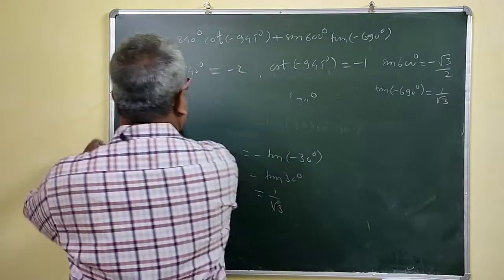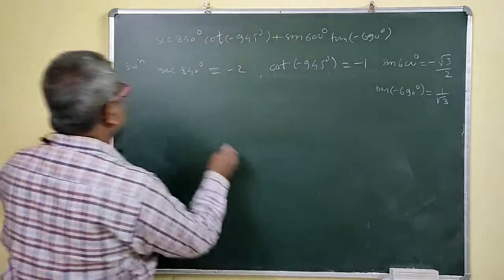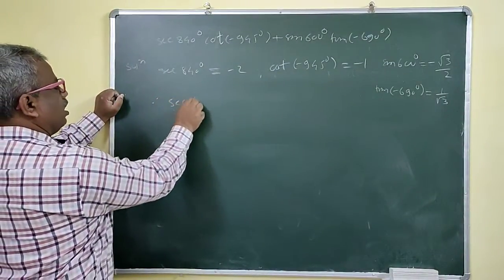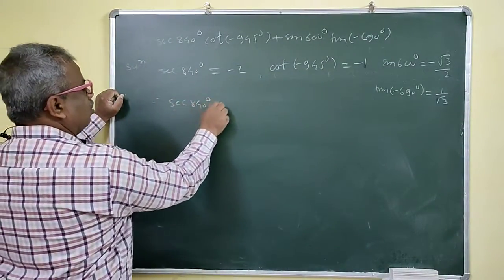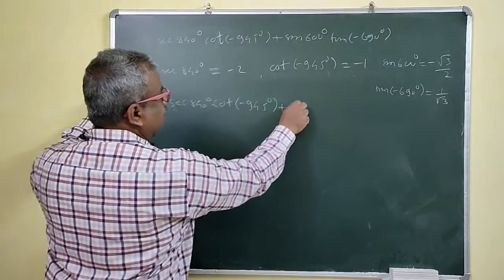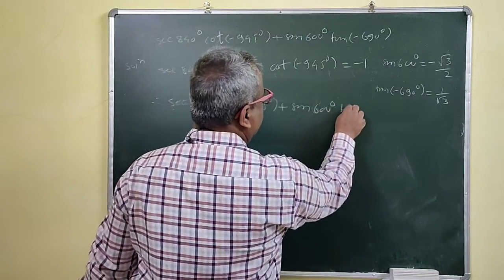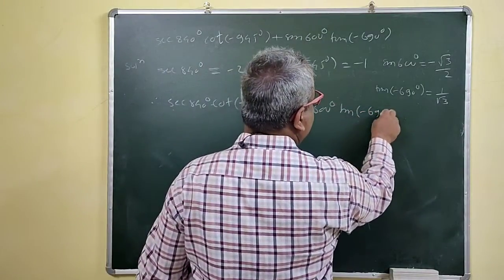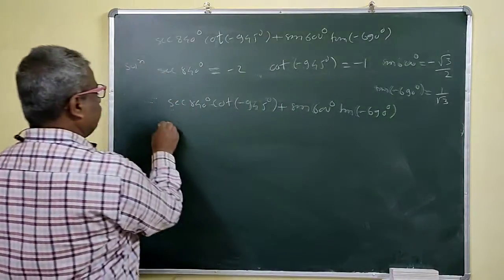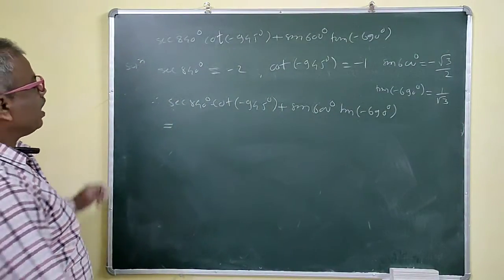Okay. Now we put all the values. We'll write your expression. So therefore sec 840 degree cot minus 945 degree plus sin 600 degree tan minus 690 degree is equal to, we'll put the values of each now in brackets.